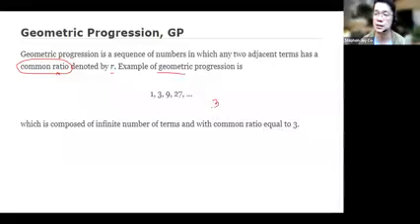So 3 over 1 is 3, 9 divided by 3 is 3, 27 divided by 9 is 3. So you have a common ratio. In arithmetic sequence, you subtract for the difference; in geometric, you divide the terms.